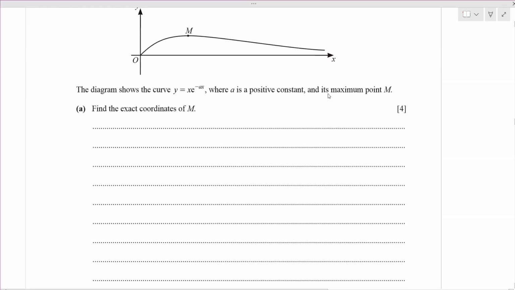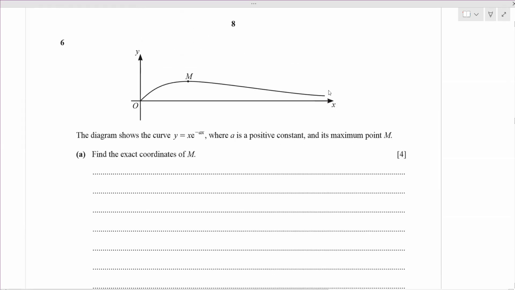Question number 6, what we have in this question: find the exact coordinates of M, और exact coordinates of M है क्या जनाब? Maximum value. तो इसके लिए हमें क्या करना होगा? Gradient is equal to 0.